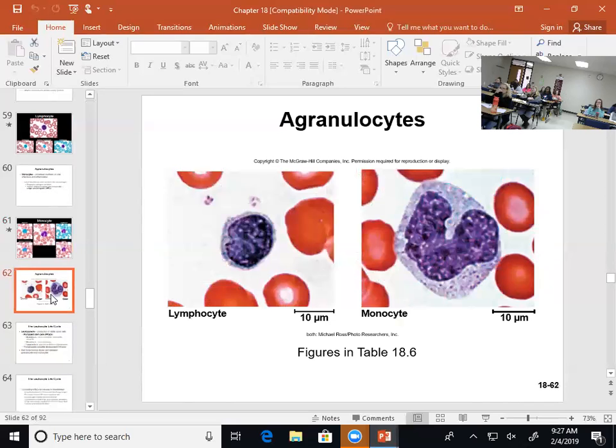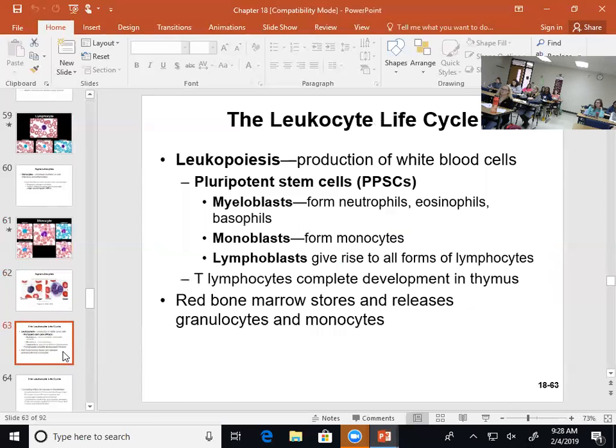And the more mature the lymphocyte, the less cytoplasm. So students, when they first start looking at their slides, will say, oh, that's a lymphocyte. But would a lymphocyte have this massive folded looking nucleus? No. And would a lymphocyte have this kind of cut glass type of cytoplasm? No. So that's a lymphocyte. All right.